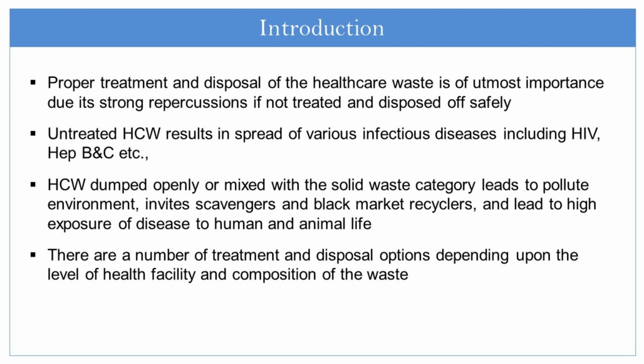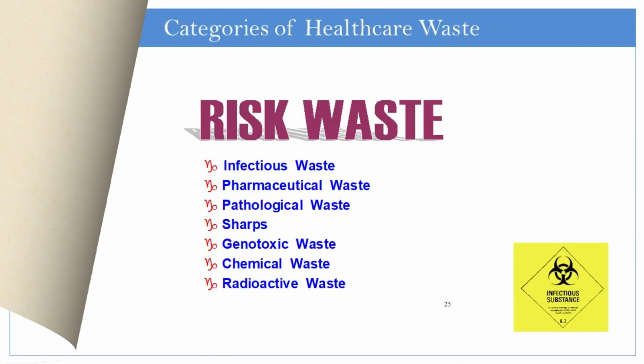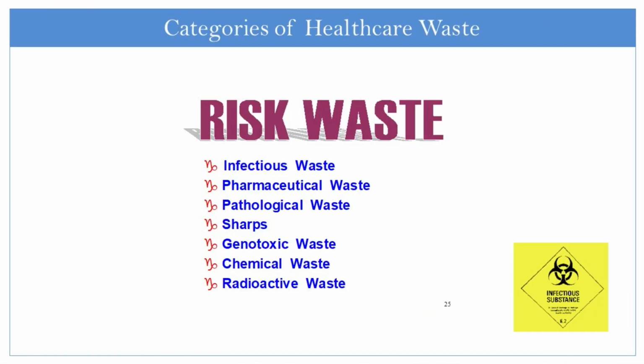So there are a number of treatment and disposal options depending upon the level of the health facility and the composition of waste. Let's first see what the categories of healthcare waste are. For the risk waste, we have infectious waste, pharmaceutical waste, pathological waste, sharps, genotoxic waste, chemical waste, and radioactive waste.